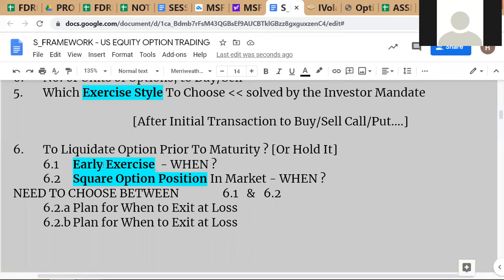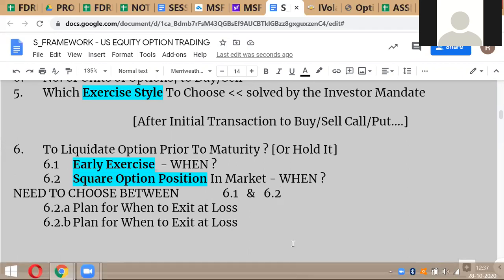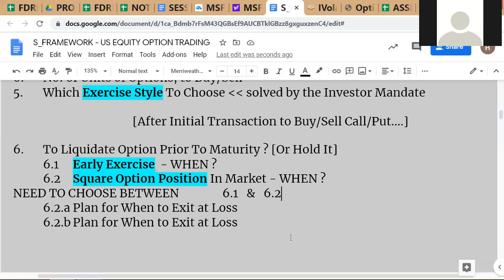In certain cases, it may make more sense to do 6.1. But when we are discussing the theory, we should look at all the theoretically possible alternatives. That's why I'm listing both of them, although in general, early exercise is really not optimal.